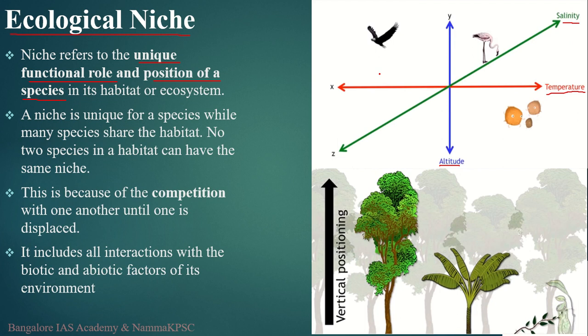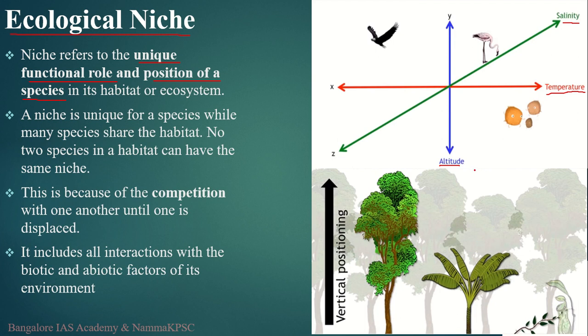Now what happens in the ecosystem is that in order to reduce competition for resources, you may have certain species which will try and adapt to a unique ecosystem, which is unique because you don't have competition. If you don't have competition, the organisms find it easier to access resources for survival, and therefore the probability of survival also increases. It also becomes easier.